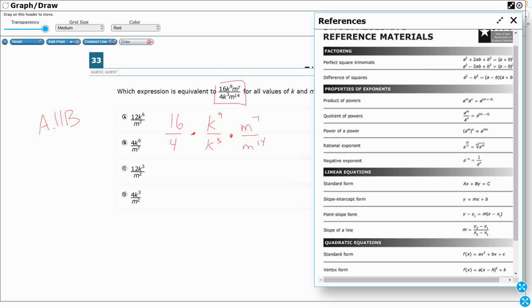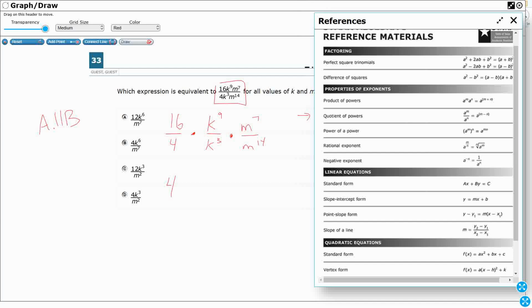So what is 16 over 4? Well, that's 4. What is k to the 9 over k to the 3? Let's look at that. When you're dividing here, that is going to be your quotient of powers.